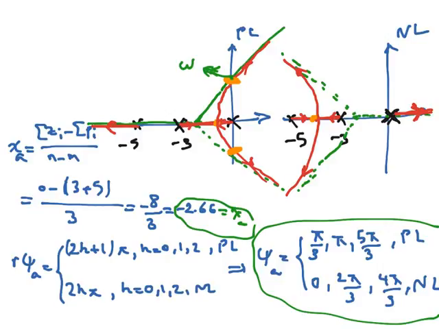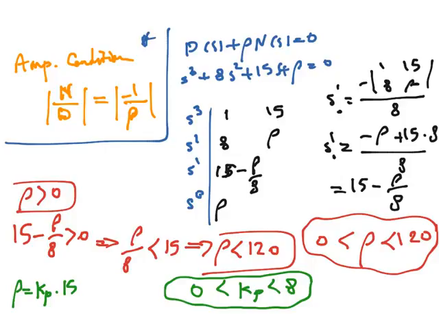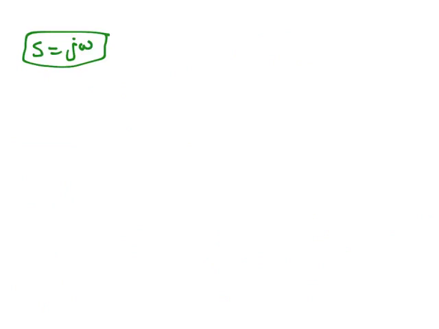So we will have s equal to j omega right here, and we already know the value of Kp, or the value of rho. We have obtained it: rho is equal to 120 at that point.